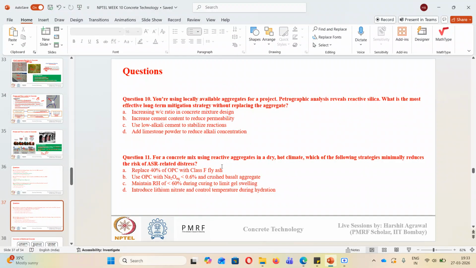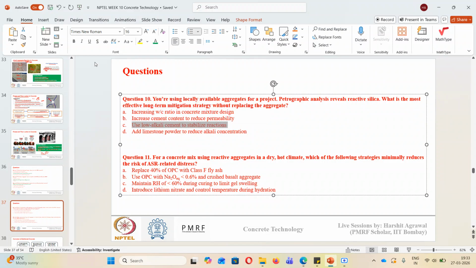Yes, the correct answer will be C. Use of low alkali cement to stabilize the reaction.